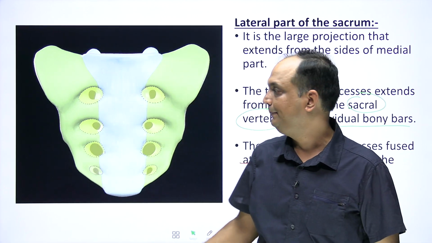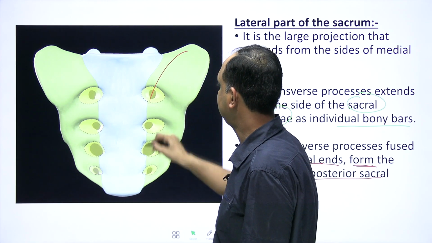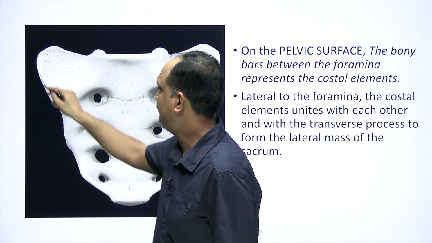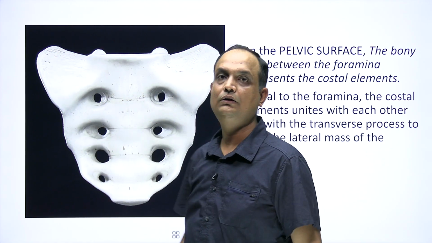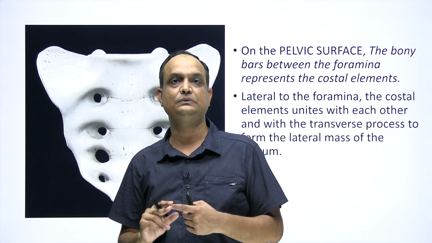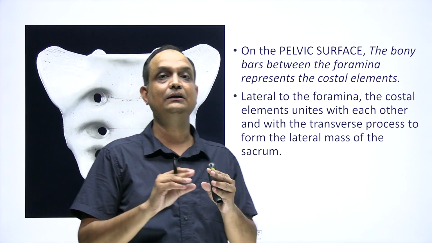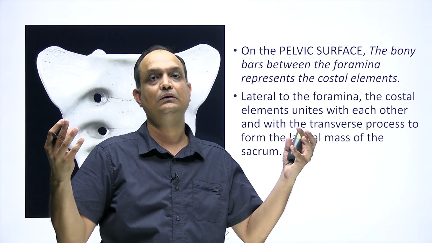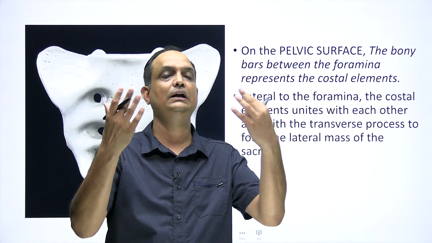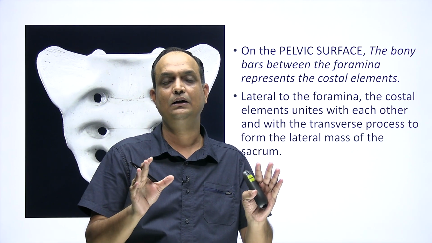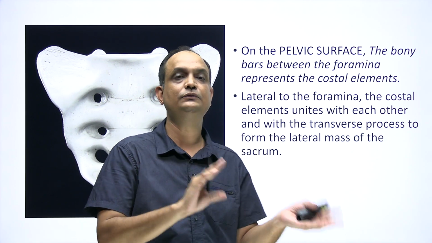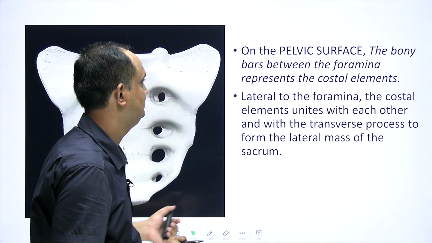So these lateral masses are formed by the fusion of your transverse and costal elements, and that's why the division of the foramina is there, and you have the ventral and dorsal foramina. We will see the detail of these foramina, how they form, in the coming slide.